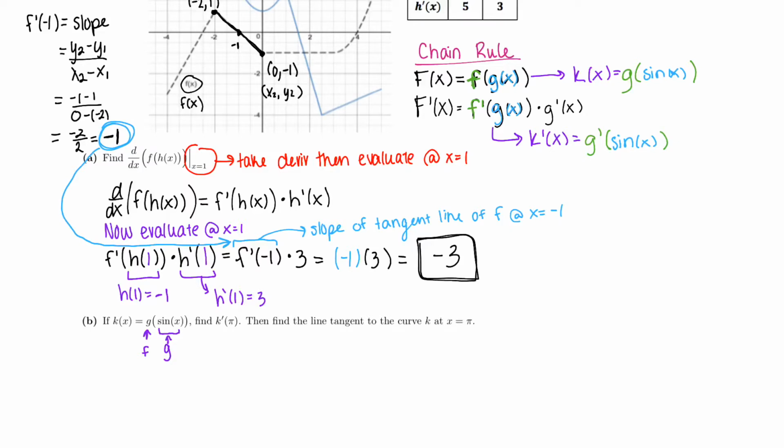times, and then once again, instead of g, we have sine x. So this g prime here of x is actually the derivative of sine x. So the derivative of sine x is cosine x. This is the g prime part from here.